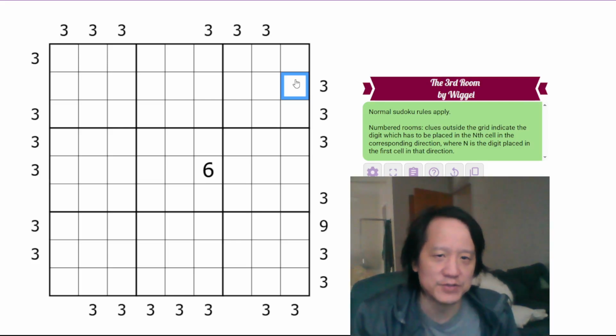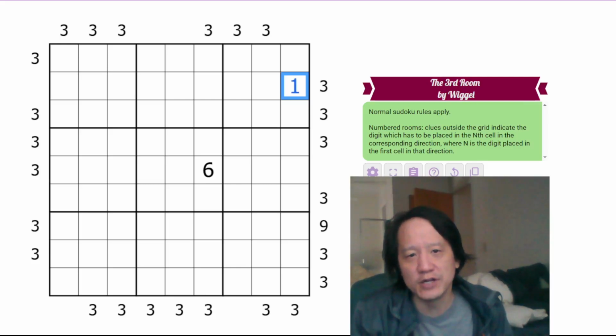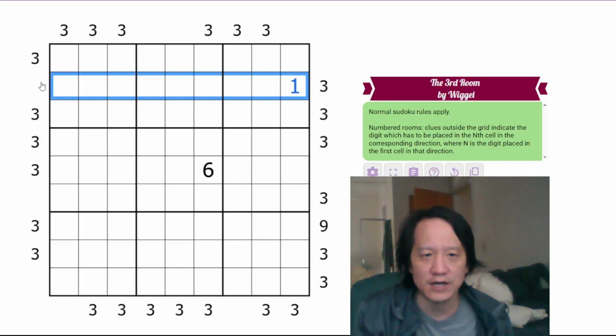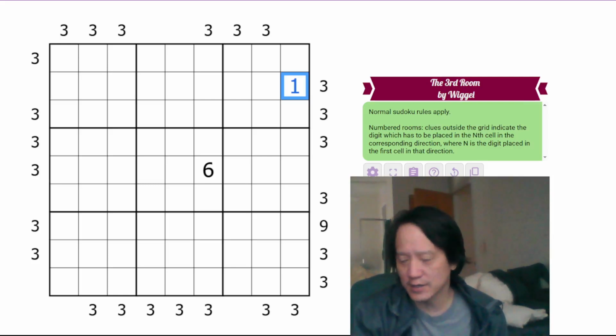That should be obvious, right? Because if you placed a 1 here, that would say 3 has to be in the first cell in this row. But we already have a 1 there, so that's obviously not possible.